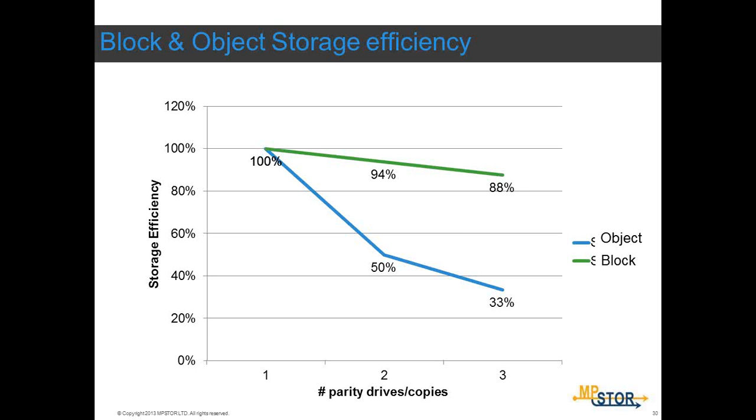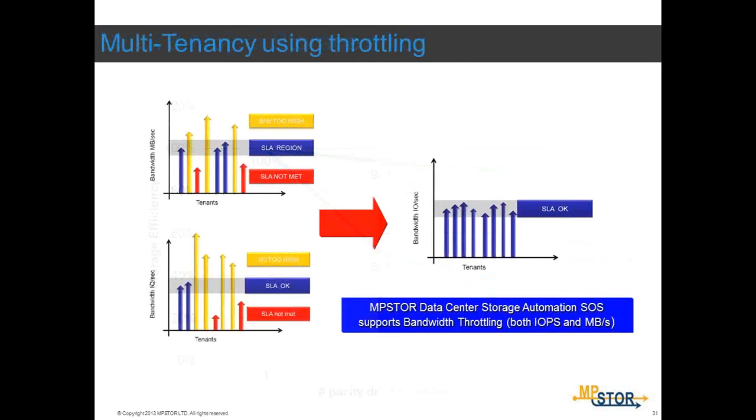The impact of a failure, the loss of a storage array or the loss of a block device, does have a much higher recovery time in a block configuration than it does in an object configuration. So if we move on to the next slide.